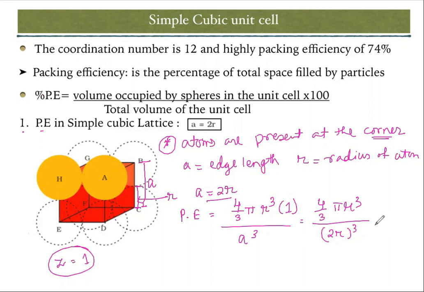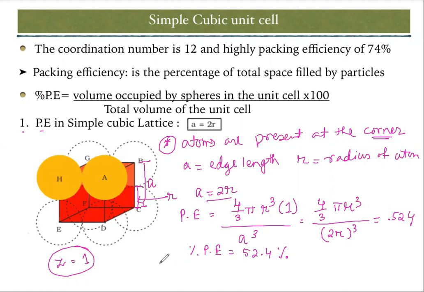If we solve it, we get a packing efficiency of 0.524. Now let us calculate the percentage: multiply by 100. So the percentage of packing efficiency is 52.4%. That means in this total cube, 52.4% is occupied by the spheres.